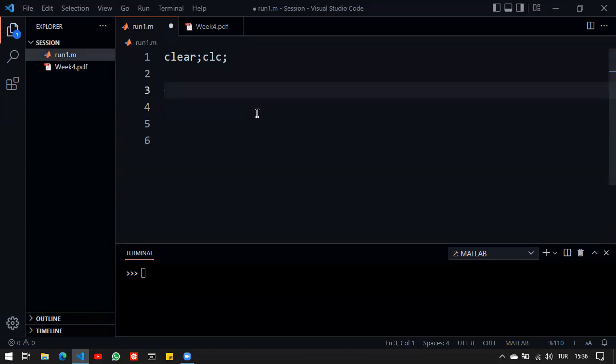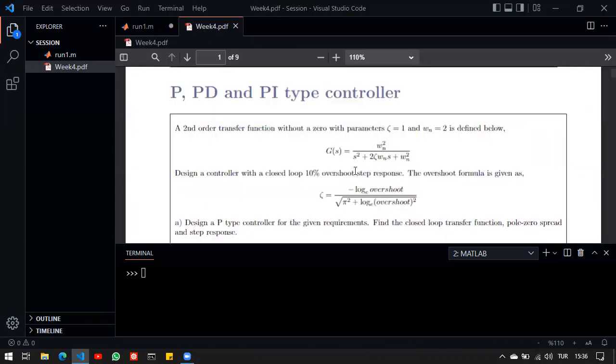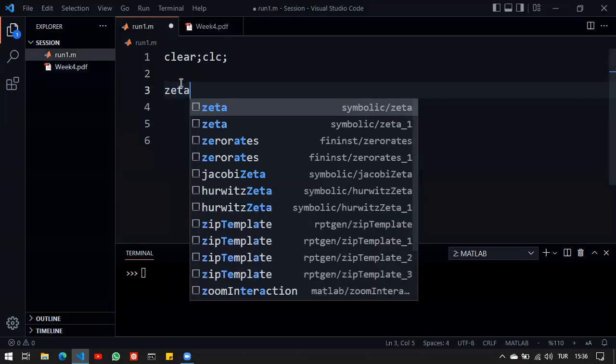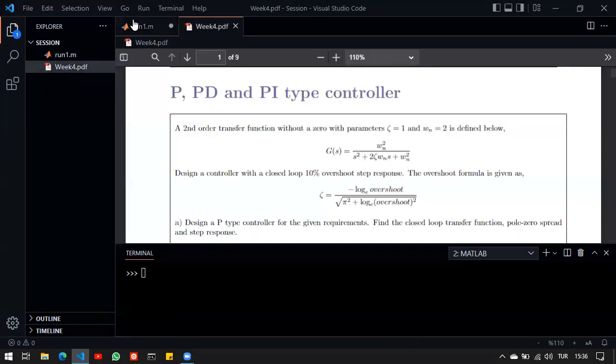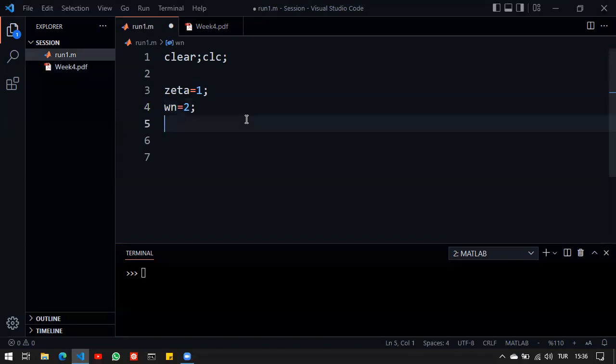So here we are given the overshoot value, but before that we also have, again, zeta equals 1 and omega n equals 2, if I'm not wrong. Exactly. Now let's define our open loop transfer function here.